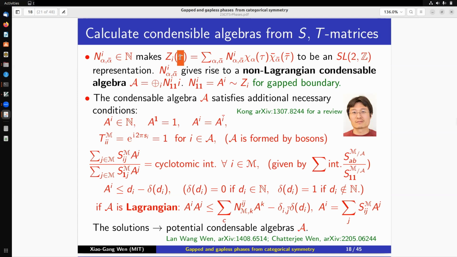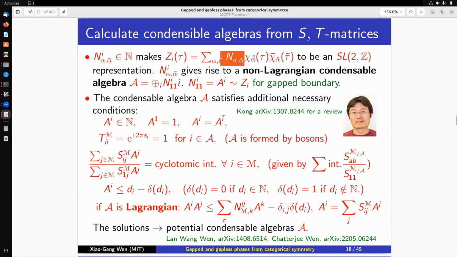Okay. And to construct this multi-component partition function, we can use a conformal character. There's some known function called the conformal character, which transforms nicely under the SL2Z representation, and we combine some conformal character with some coefficient N_i alpha bar to form a proper S3 representation.